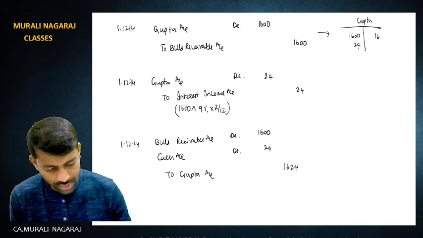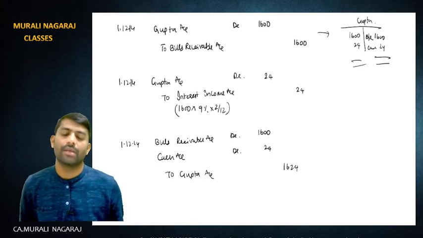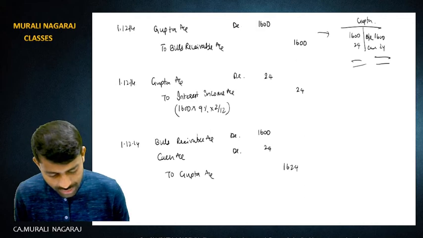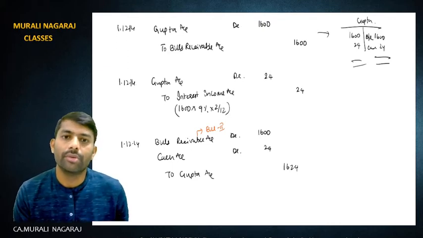The account is closed: 1600 in bills receivable and cash 24 rupees. Correct? Now this bills receivable we have given is bill 2. This is the second bill, and it is going to mature after 2 months.